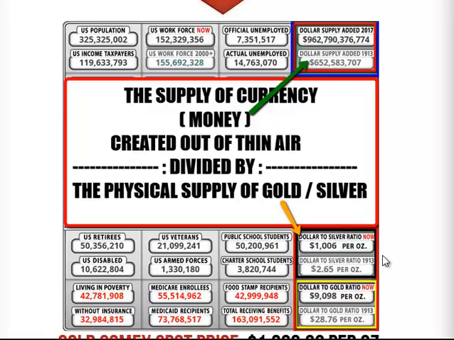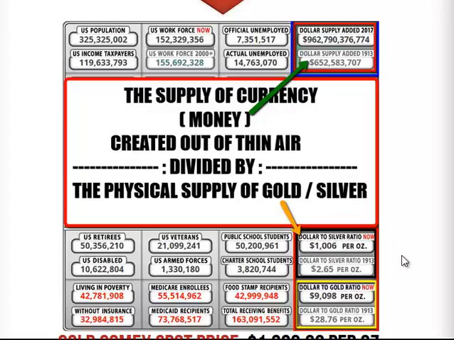And down here we're looking at the dollar to silver ratio and the dollar to gold ratio, which is basically the paper currency divided by physical gold and silver, or what the Constitution considers real money.